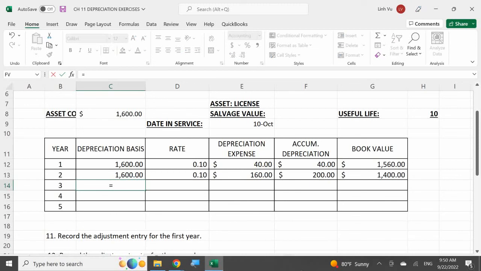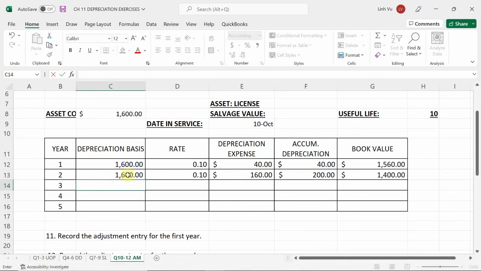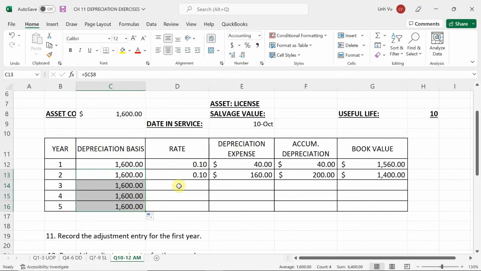The same, right? They're all going to be the asset cost. What about my rate? The same. It's still going to be 1 divided by 10, right? So in this case, what's my expense going to be? 160. It's going to be the same all the way through because basis times rate. If you have the same basis and the same rate, you're going to produce the same expense.